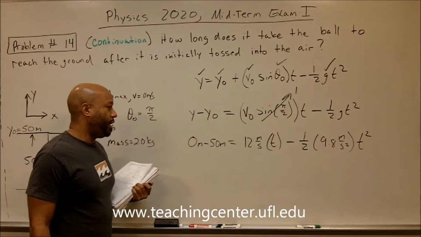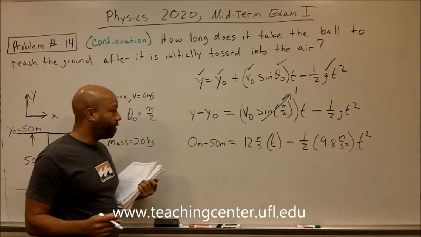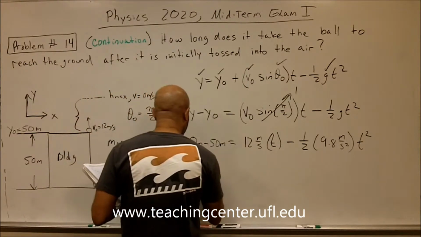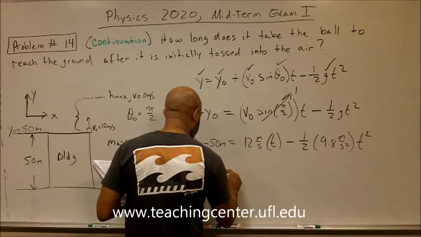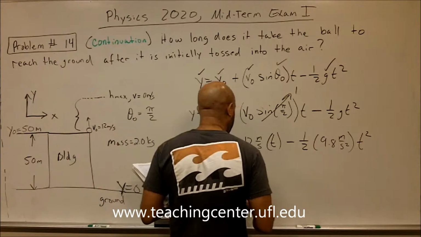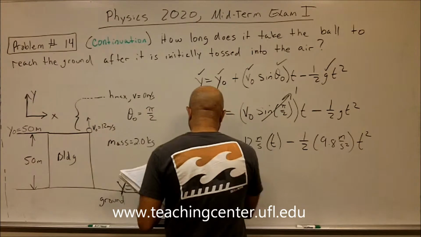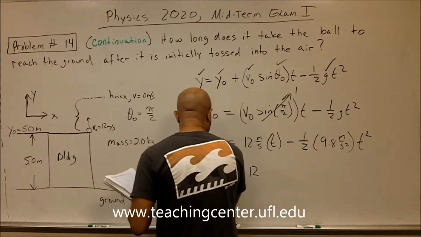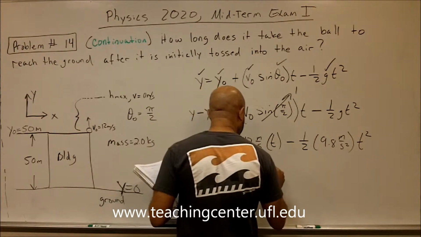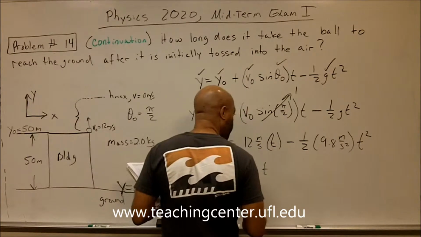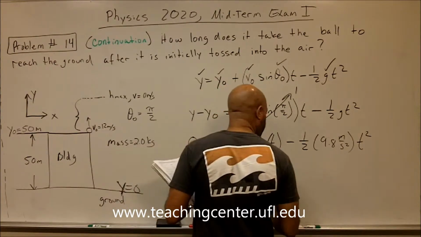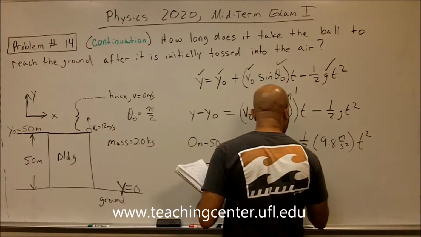All right, and let's do a little simplifying and rearranging. So we just get minus 50 meters is equal to basically 12, and I'm going to drop the units for now, so that's going to be 12t minus 4.9 t squared.